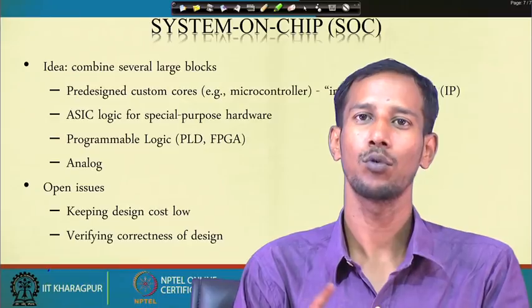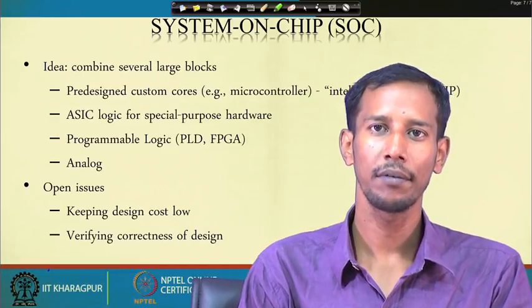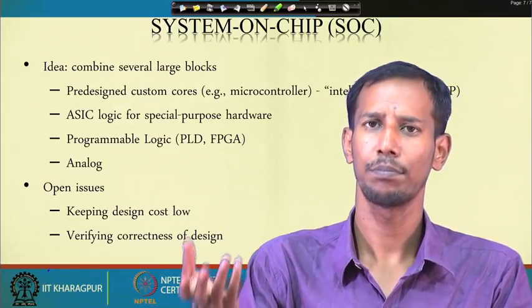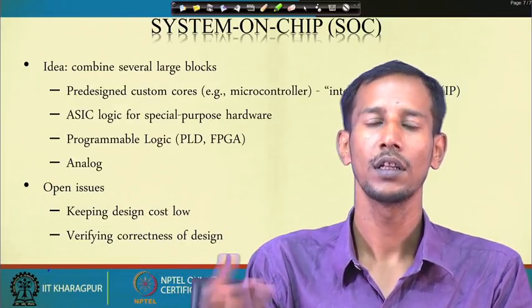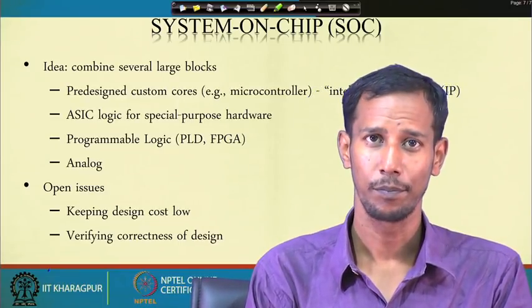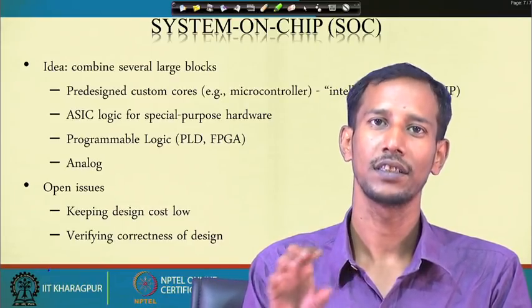So, I have to provide unique features. If a third party vendor is developing a particular controller, I will buy it and use it in my system. That is the main idea behind system on chip.